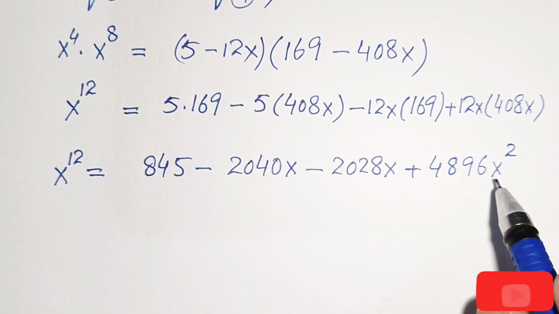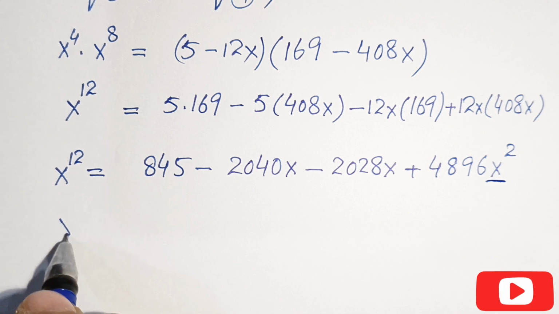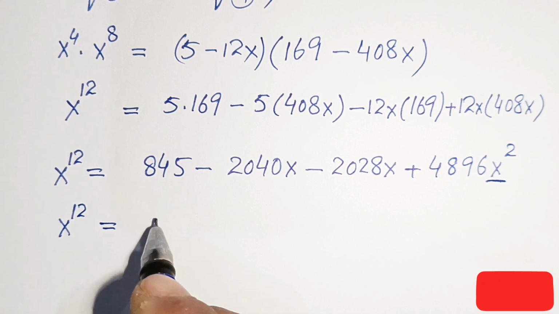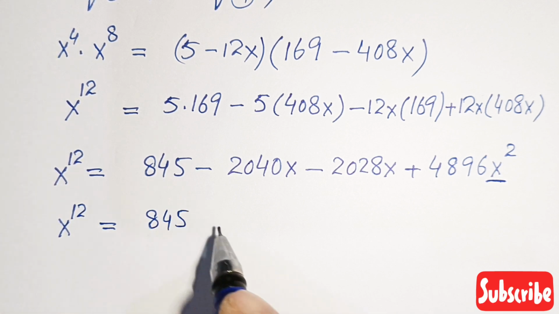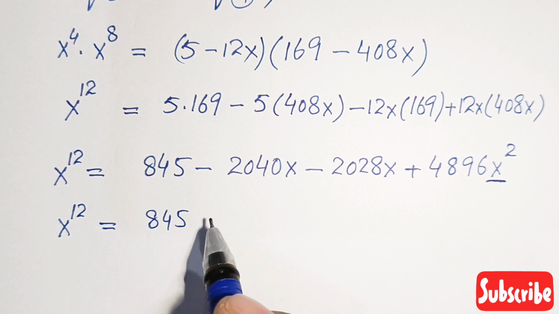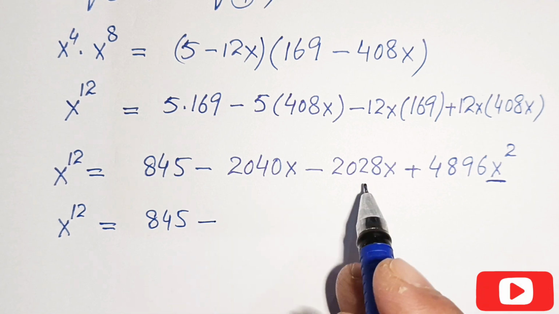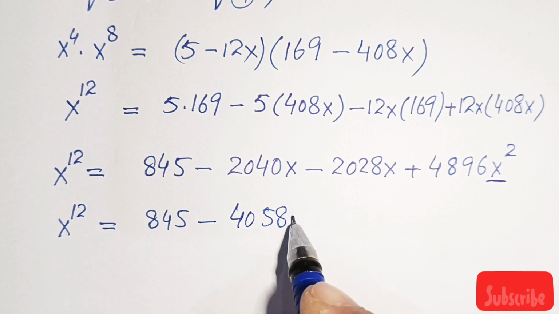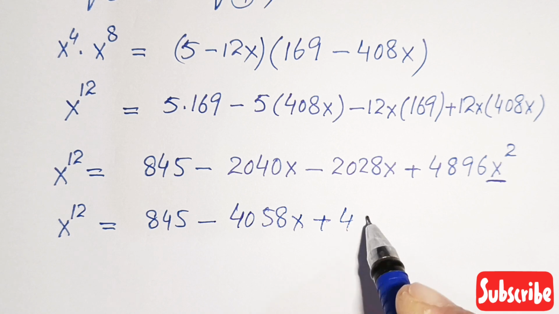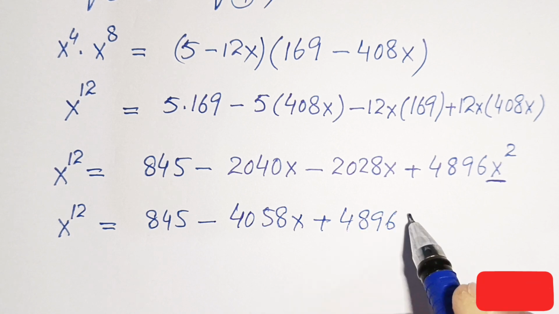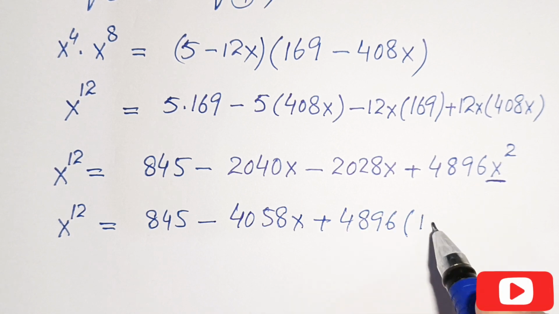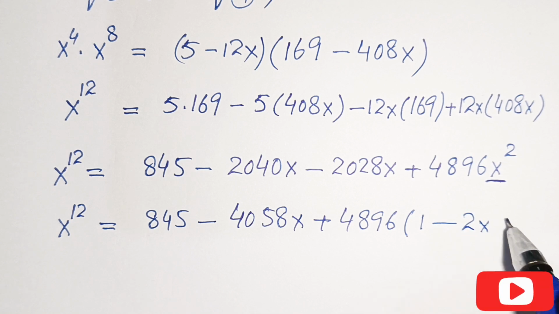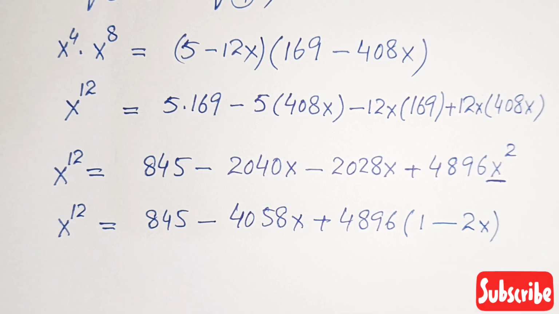Now if you put the value of this x squared here, so we have x to the power 12 is equal to 845, and adding these two, we get 4058x, and plus 4896 times this x squared, which is equal to 1 minus 2x according to equation number 2.